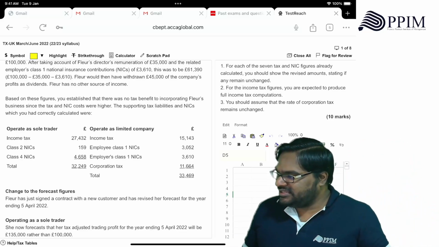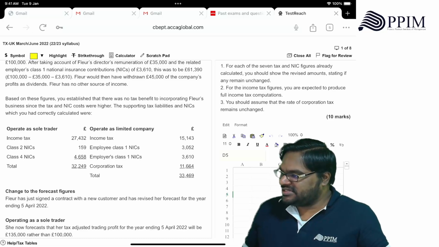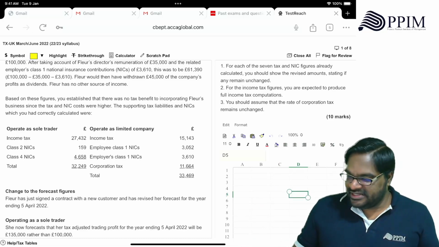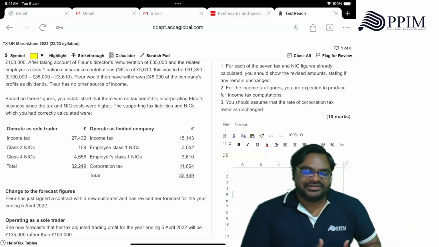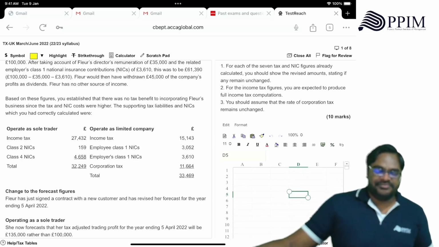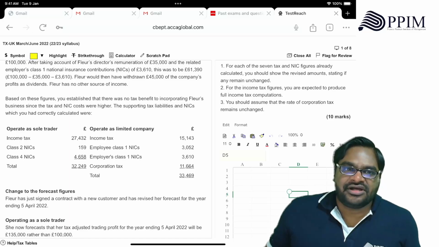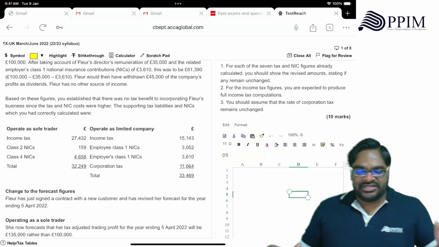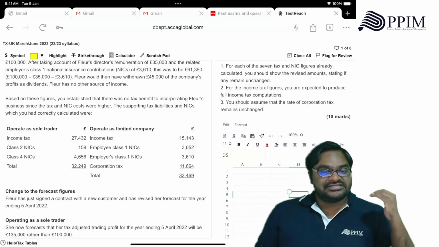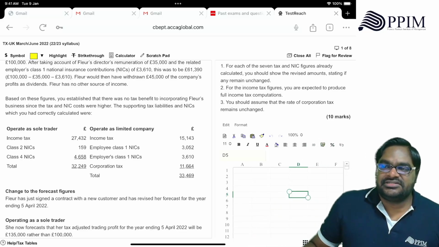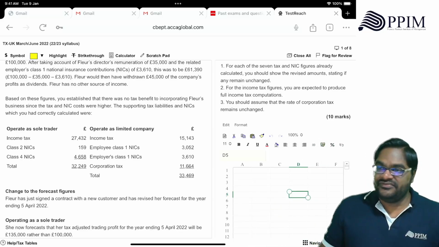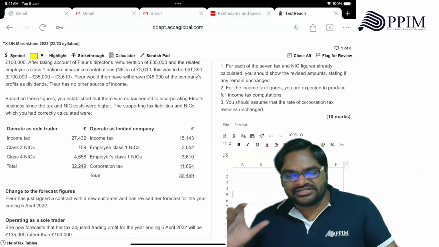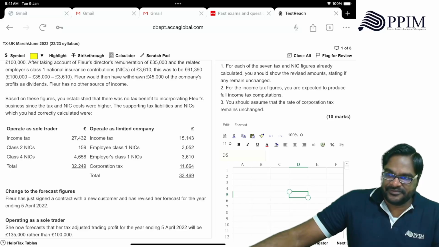Then why in the question is the employee NIC contribution added to the income tax liability? Actually, the breakup they have given is not about the corporation tax or the individual income tax. It is about, if you operate as a sole trader, what is the total tax that Fleur will suffer, and if you incorporate, if you go as a company, what is the total tax Fleur will suffer.